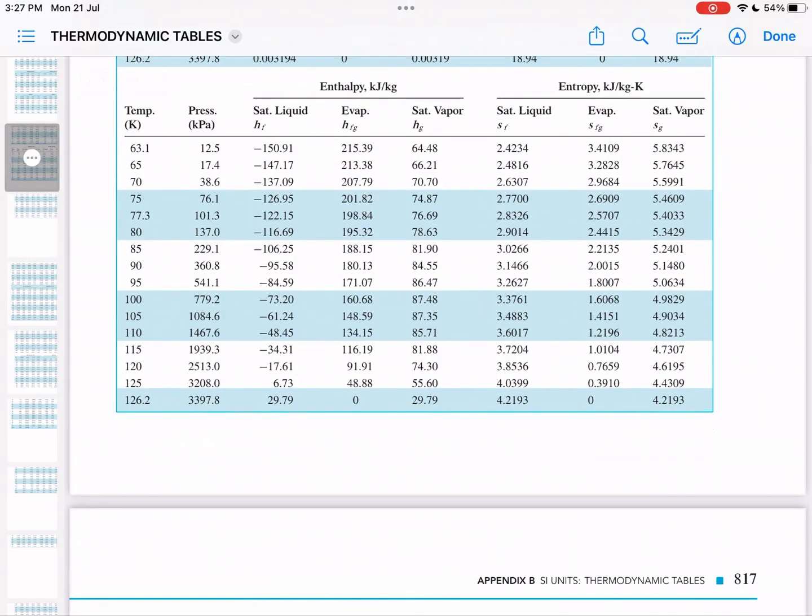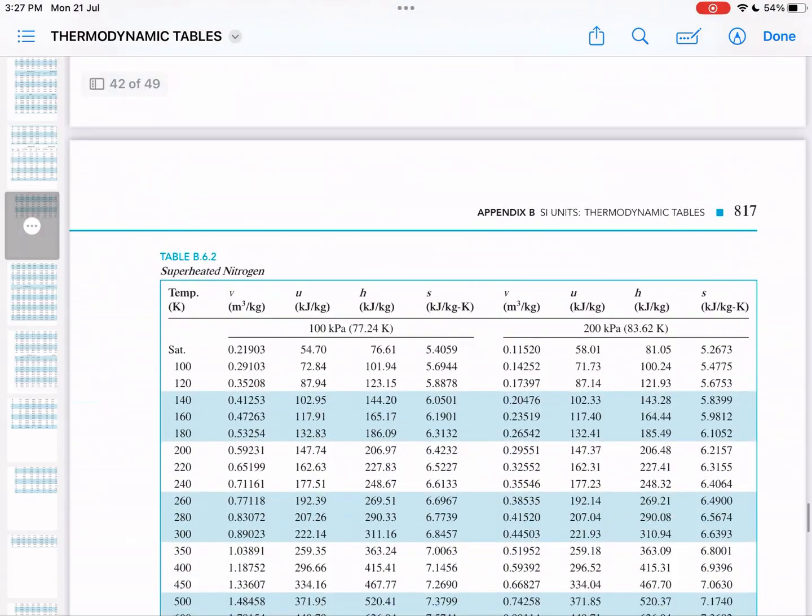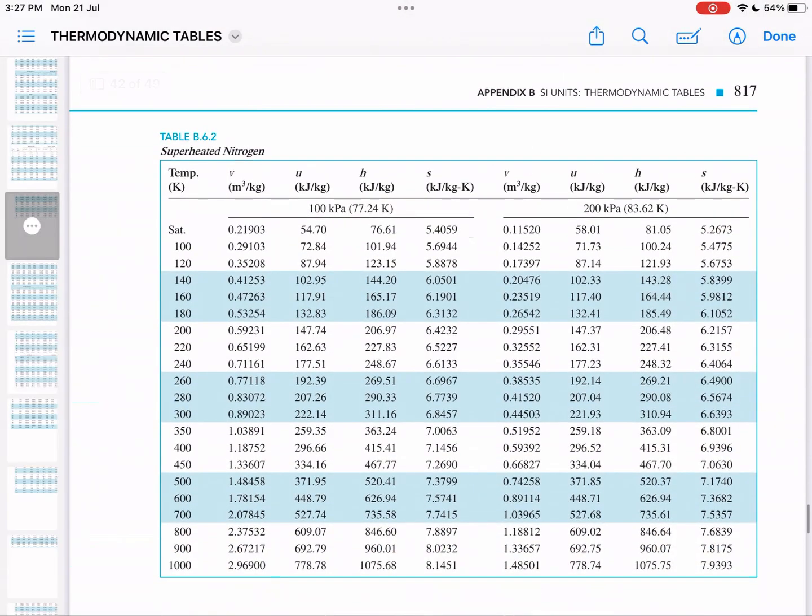So in this case, what do we do? In the regular tables, we don't have temperatures above 126.2. So let us look at the superheated table. The special thing about the superheated tables is that in the very first row, it tells us the saturation. So these are all of the Vg values, the Ug values, the Hg values, and so on.